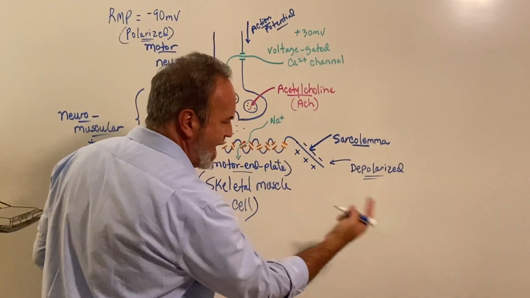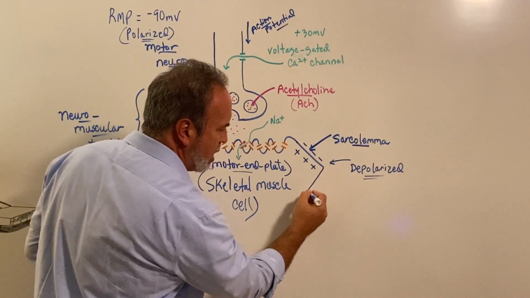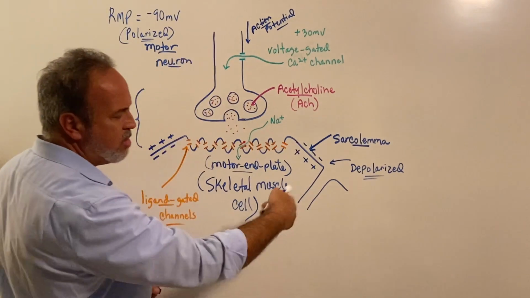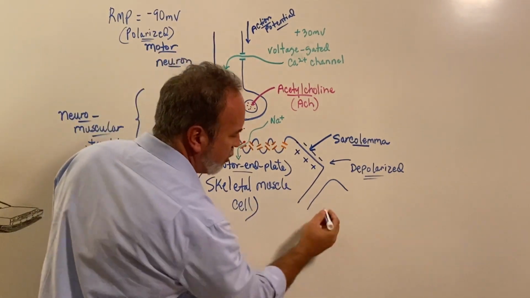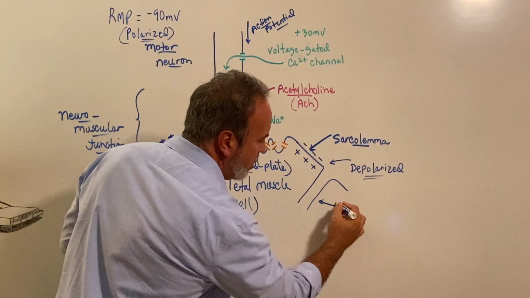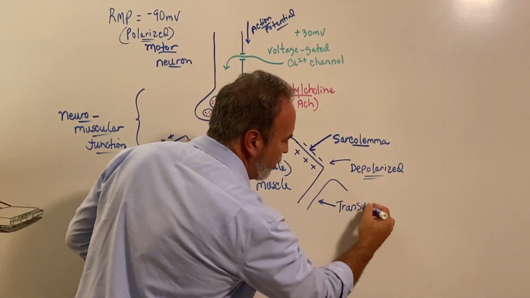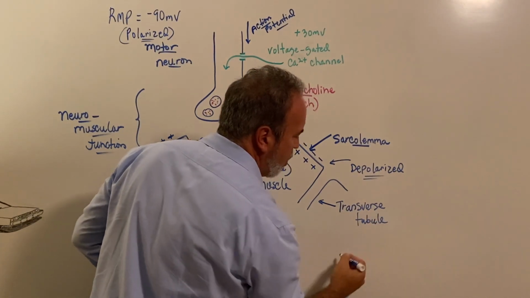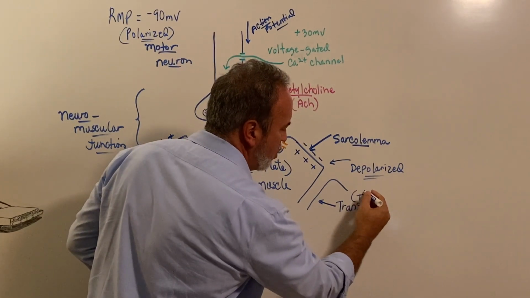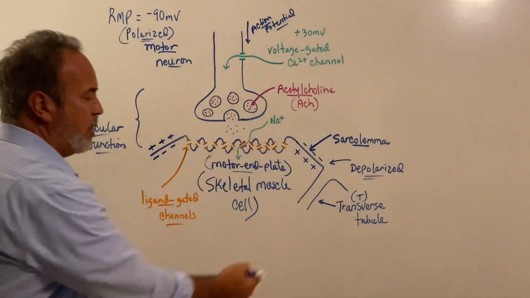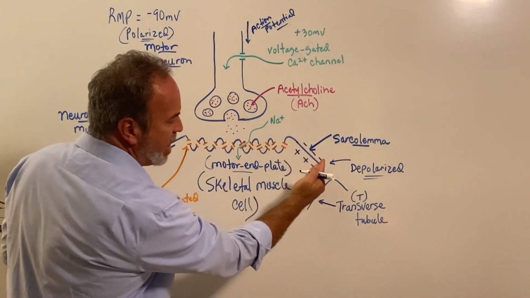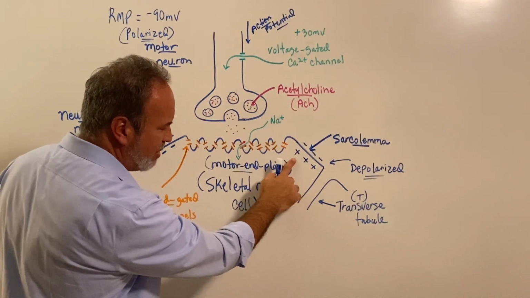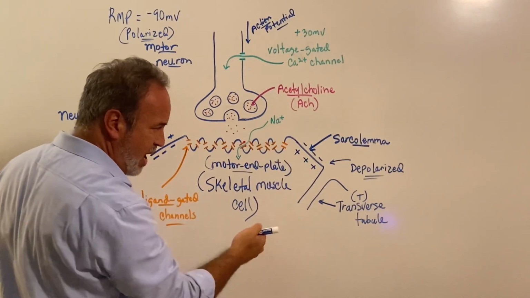Now, what's going to happen is that this membrane comes in like that into the interior of the cell, and we call this structure a transverse tubule, or a T-tubule, okay? So that T-tubule is going to take that depolarization signal into the cell.